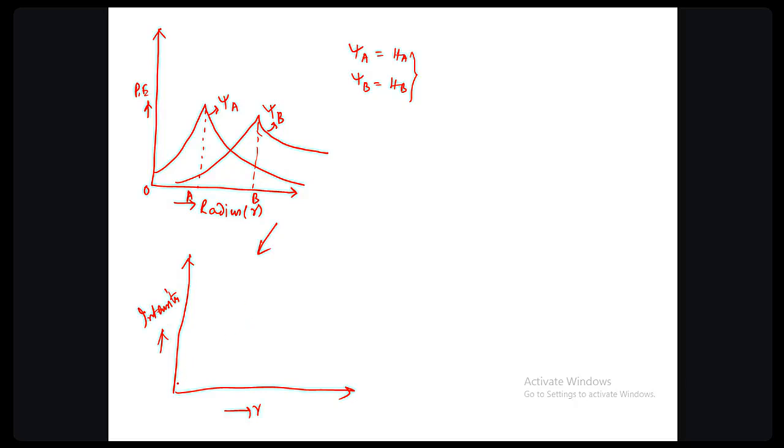Then we can show that the bonding MO should be like that, because A and B are linearly combined. So this graph is called psi bonding equals psi A plus psi B.